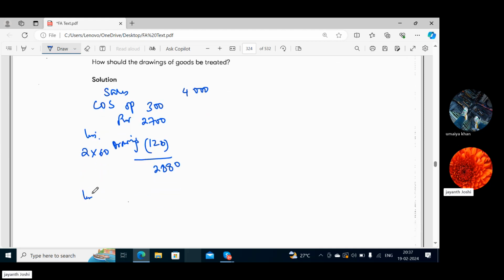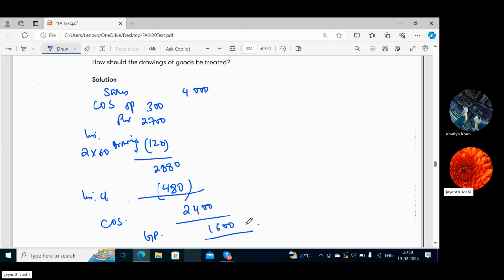Less closing inventory, which is given as 480. So 2880 minus 480 is 2400. So from 4,000, that is actually our cost of sales. So 4,000 minus 2400, 1600 is our gross profit.